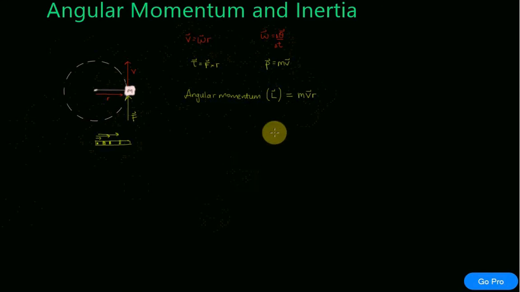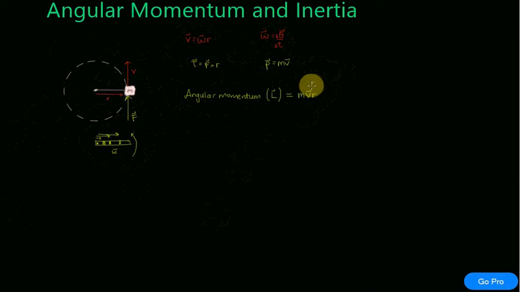An easy way around that is, since this object would still be rotating, if I just take its angular velocity, then all points on this object would be rotating with the same angular velocity. Luckily for us, there's a formula that allows us to express angular momentum in that format.